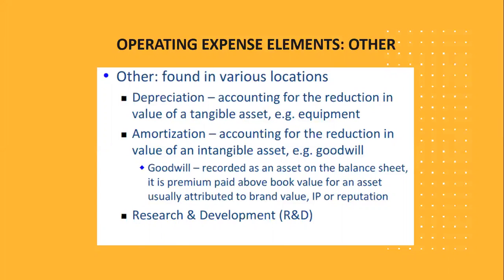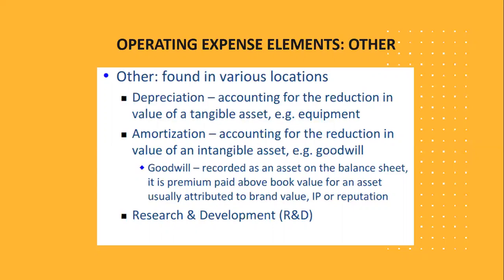Some other operating expense elements that you will see on an income statement include depreciation. Depreciation is basically the reduction in the value of a tangible asset over a period of time. For example, if you look at the prices of cars in the market, a brand new car is going to be priced high. The same car a year older is going to be priced lower.